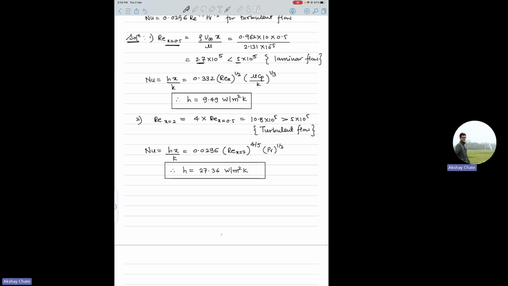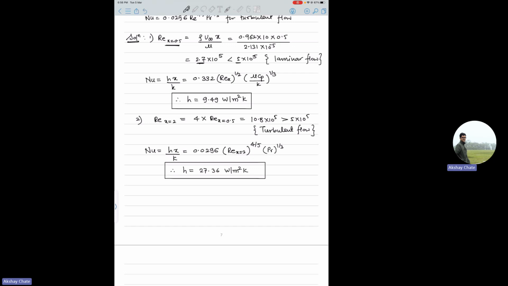But in turbulent flow, there is conduction at the interface, that is the source of your heat flux, but there is not only advection, there are also vortices. So due to additional mixing in turbulent flow regimes, you get proper mixing, and that's why the heat transfer is very fast in turbulent flow.